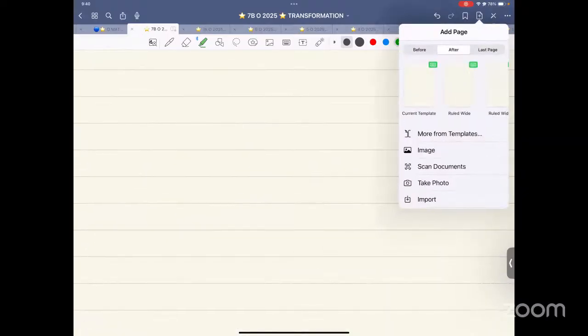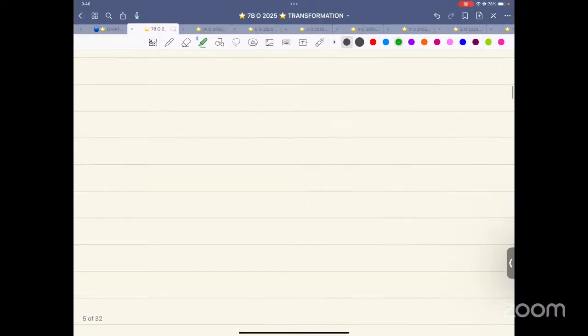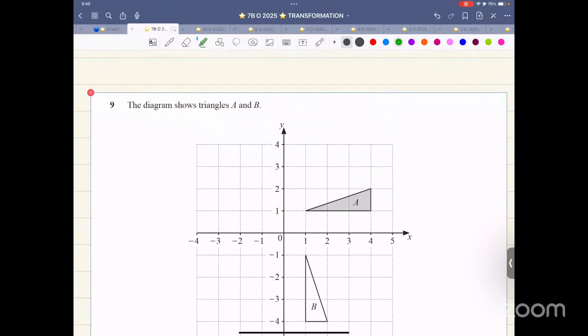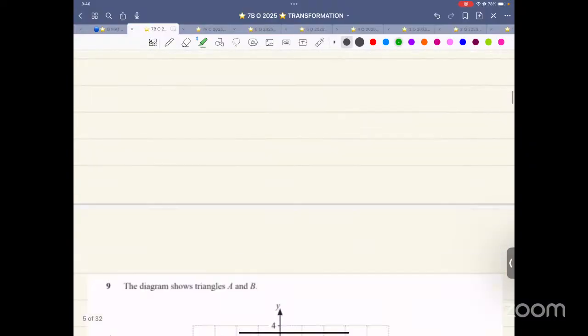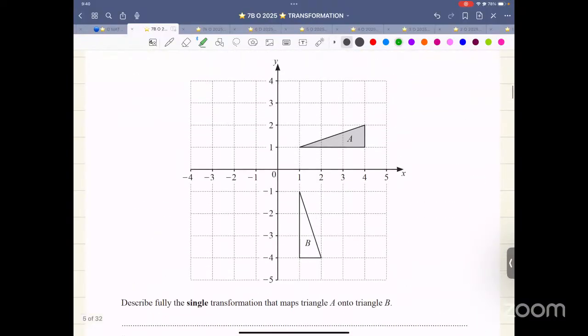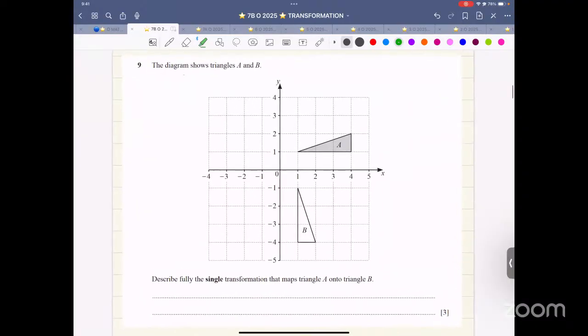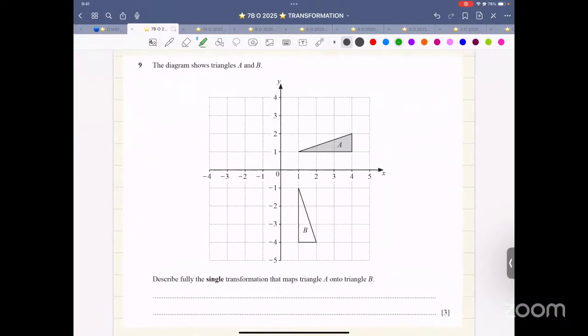So each question, I'll first show you the question, and then we will talk about the solution. So that is the question, that is the solution. Now I have minimized it. Why don't you go ahead and first read the question?